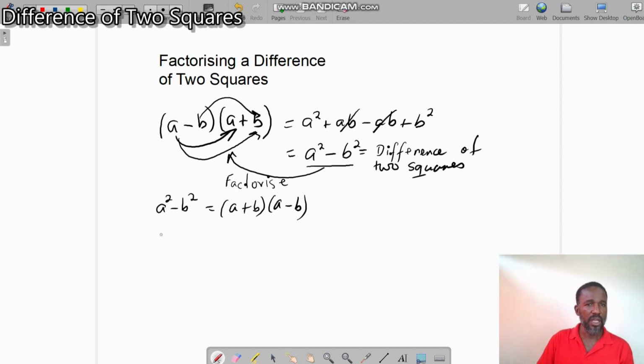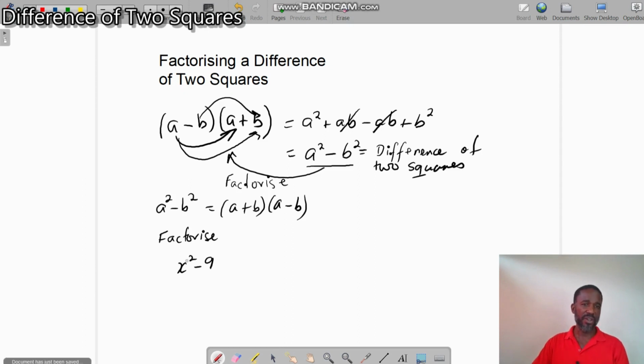So for instance, suppose we are asked to factorize x squared minus 9. You are going to ask the question, how is this a difference of two squares? But can we notice we have the first term is a square term, and then we have a minus sign. Then we ask ourselves if the second term can be written in the form of a square term.